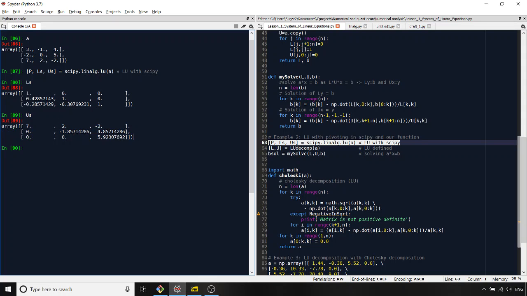So values of this lower triangular matrix will always be 0 except 1 on the main diagonal, and none higher than 1 in absolute value on the other elements in the lower part of the matrix. So this is the result, and if you noticed here, we have P, which is pivoting.